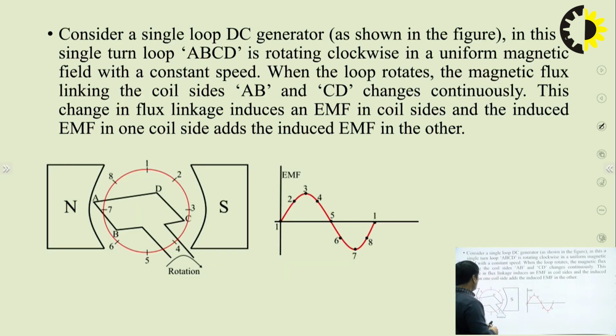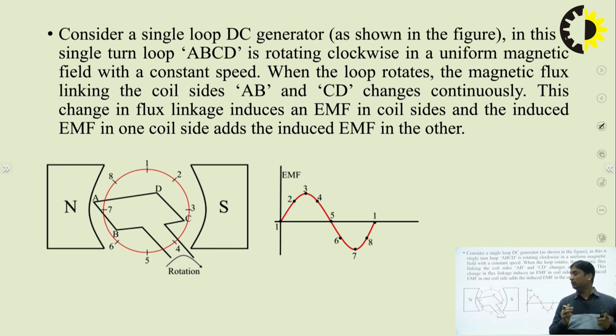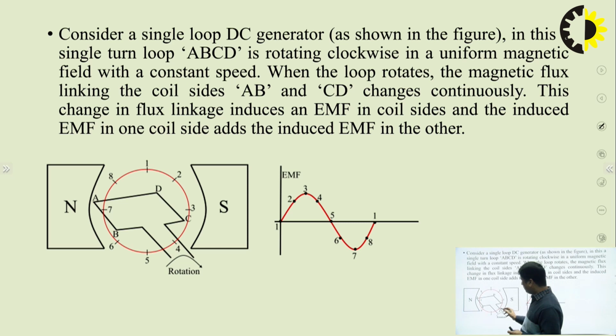To find how the voltage is induced in a generator, let us consider a single coil, and this coil is rotating in a clockwise direction. The field is from north to south.